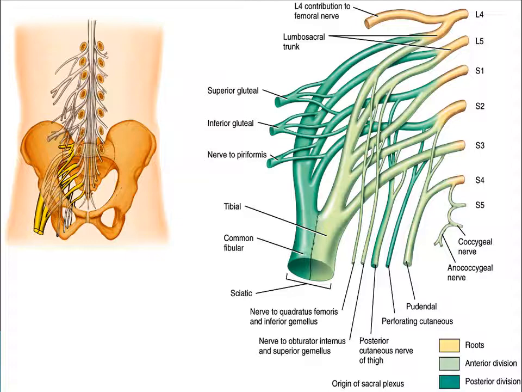Interesting is that the tibial portion of the sciatic nerve has contribution from S3, whereas S3 does not contribute to the common peroneal portion of the sciatic nerve, and that explains why the S3 dermatome is independent of the common peroneal nerve. It's more associated with the tibial nerve.